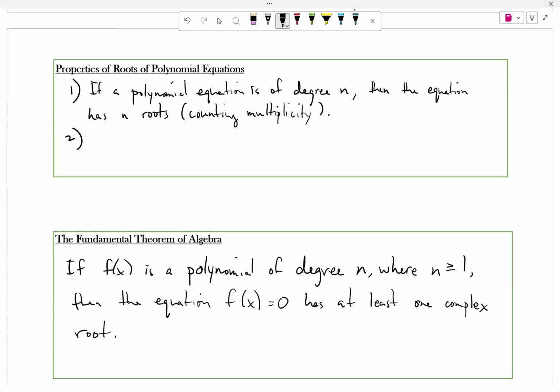And number 2, if a plus bi is a root of a polynomial equation, then a minus bi is also a root.